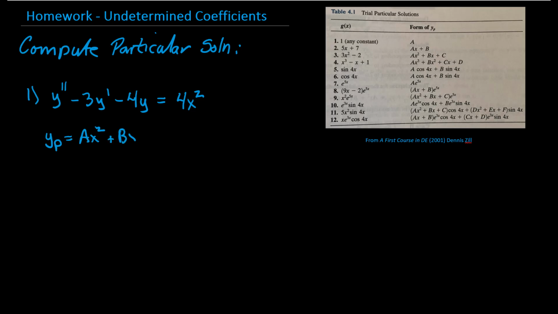plus bx plus c. Keep in mind that when we incorporate the y and the y prime, it may involve powers of x other than just x squared. So we need to account for all the possibilities. Okay, so this gives us a proposed particular solution.